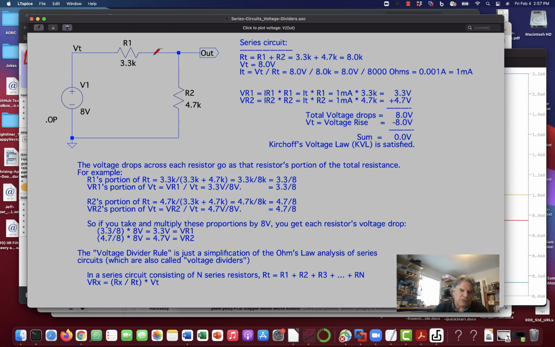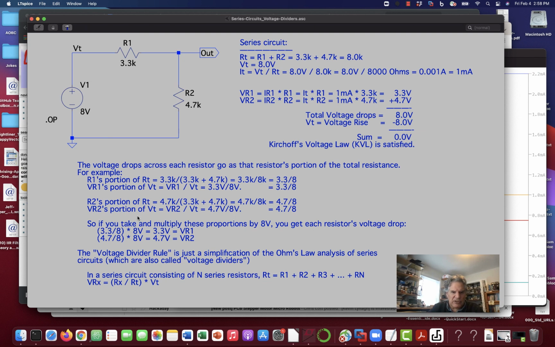So he winds up with 3.3 volts. This guy gets 4.7K out of 8K worth of the 8 volts. And so that becomes 4.7 volts. And I just picked the math so it would be easy to prove this with 1 milliamp.